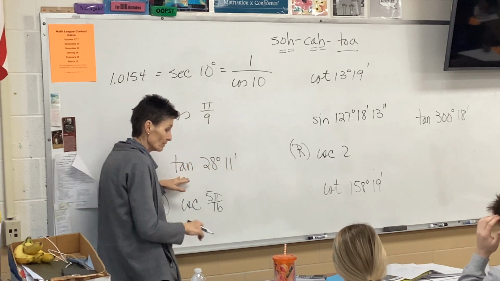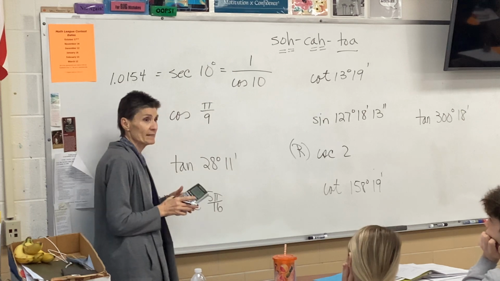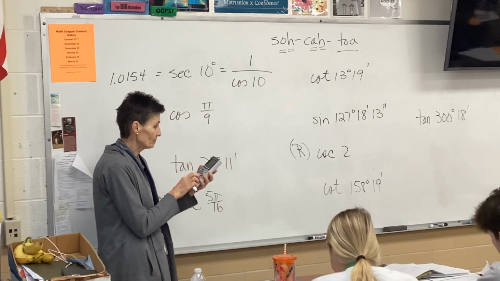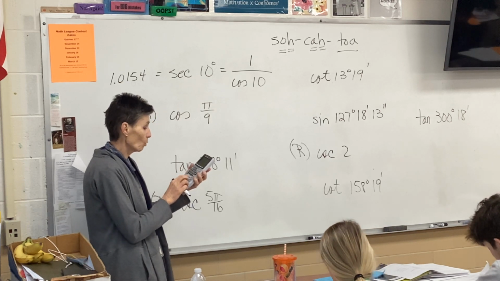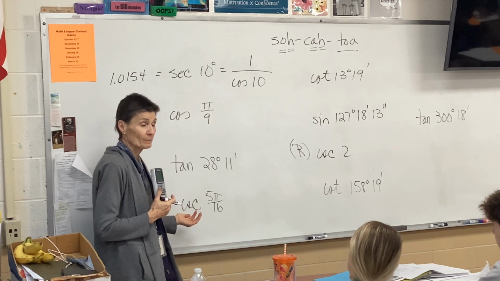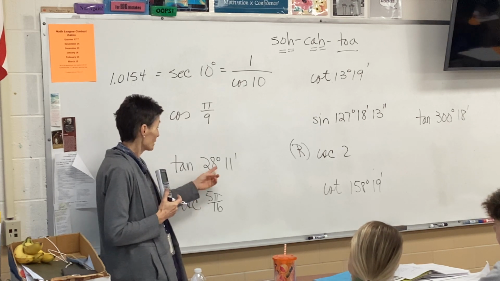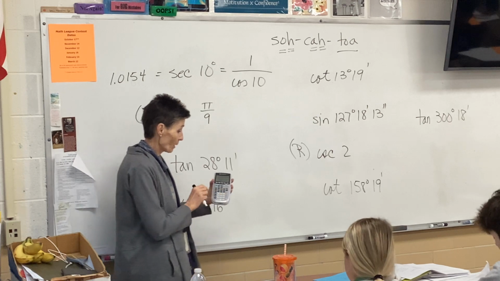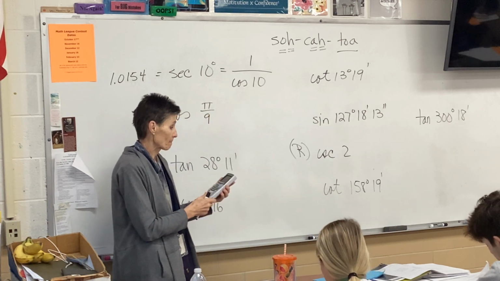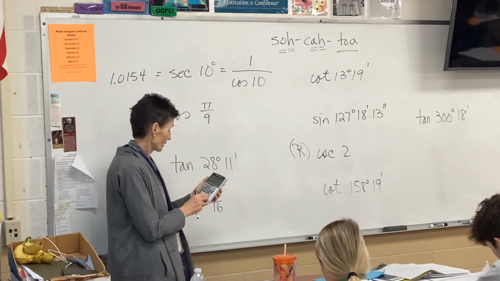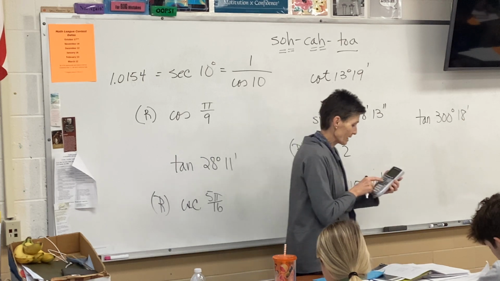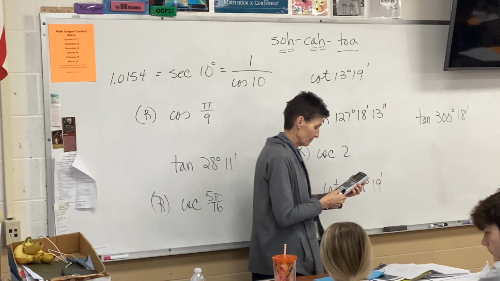All right, let's come down here. Oh, thank goodness, I have a tangent button. So I'm going to press tangent, and then 28. Now, we practiced this before Christmas. I need a degree mark. So I go to second angle, degree, and then 11, second angle, minute.